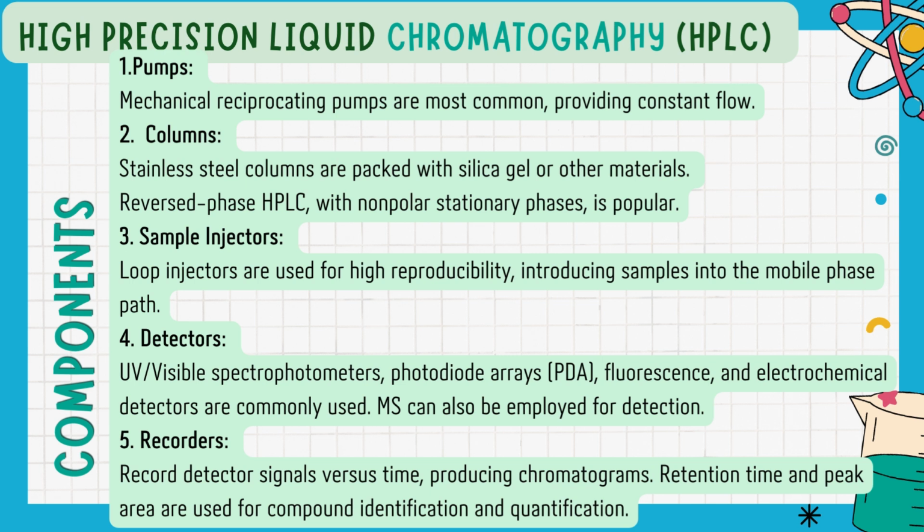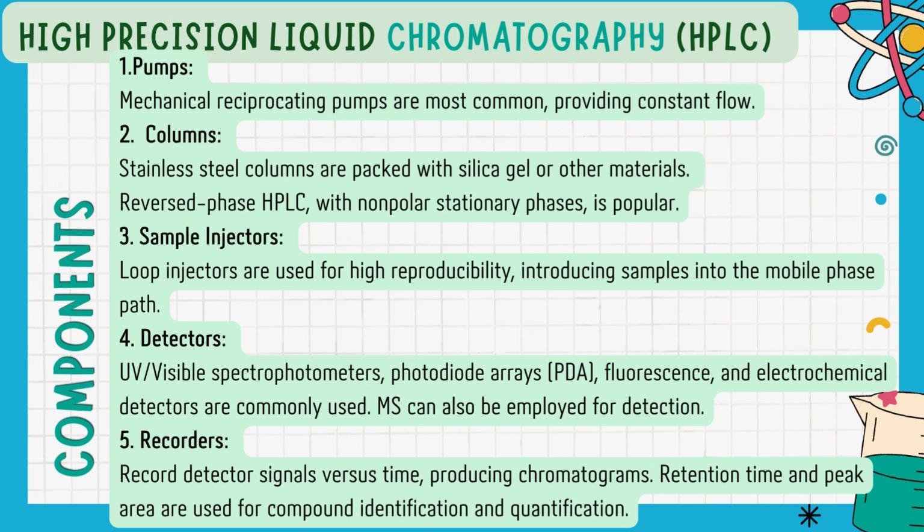And for our HPLC components, we have the pumps, the columns, sample injectors, detectors, and recorders. For the pump, mechanical reciprocating pumps are most commonly utilized because they offer constant flow.